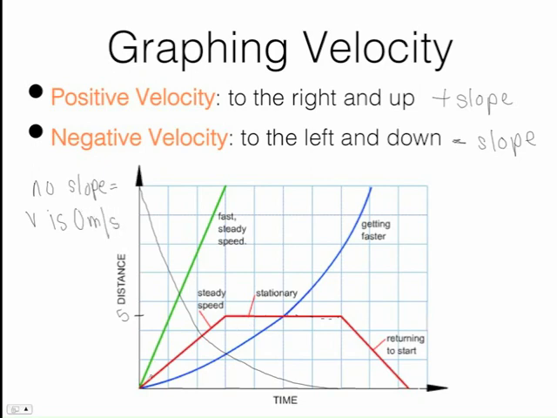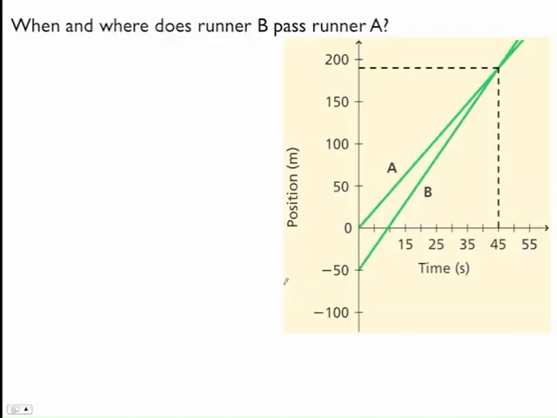This could be a car that is driving at a steady speed. It hits a stoplight, so it stops, and now it's going backwards where it came from. But if you have a horizontal line like this, your speed is 0, your velocity is 0, which is really important because a lot of people get that confused. They say that's a constant velocity, which is not true.